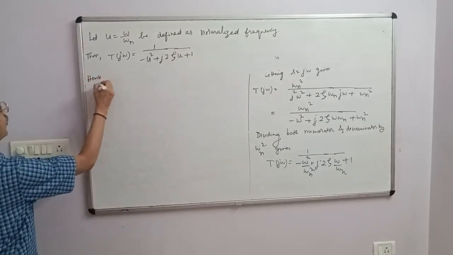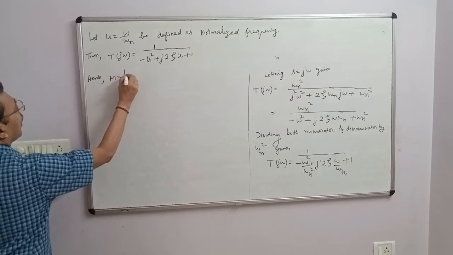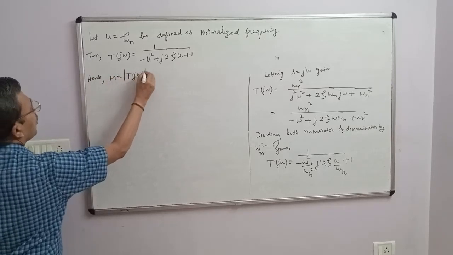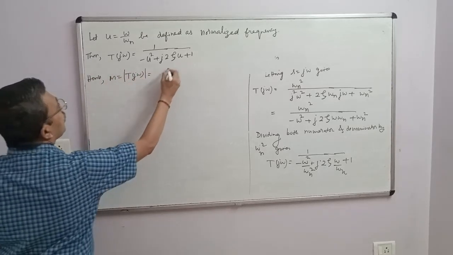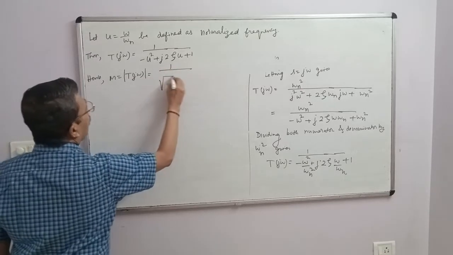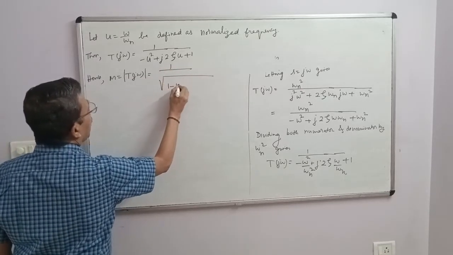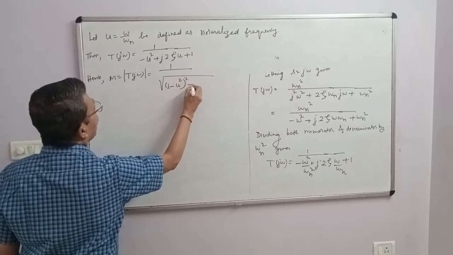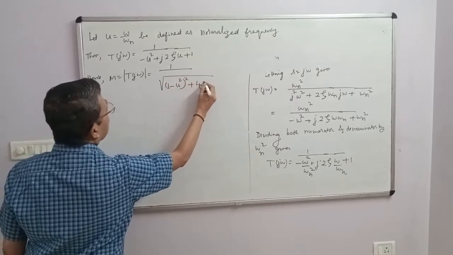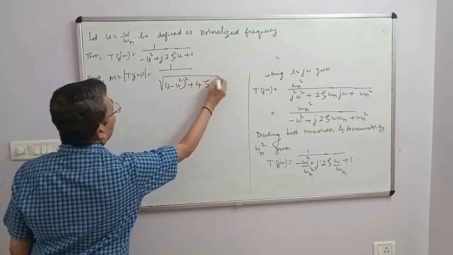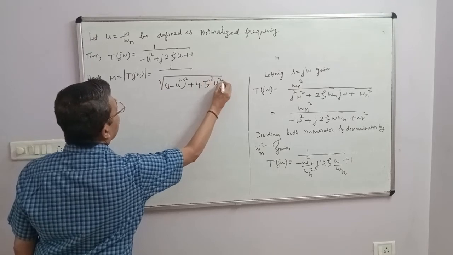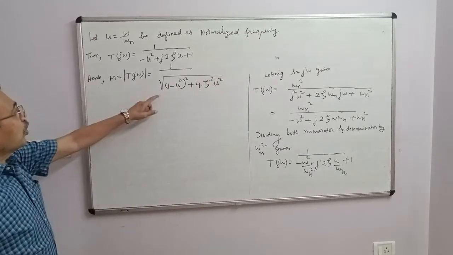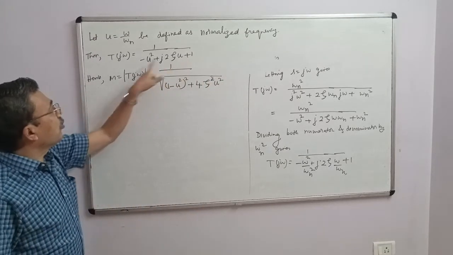Hence, m is equal to magnitude of T of j omega is equal to 1 over square root of real part square, which is 1 minus u square whole square, plus imaginary part square, which is 2 square is 4 zeta square u square. Real part is 1 minus u square.